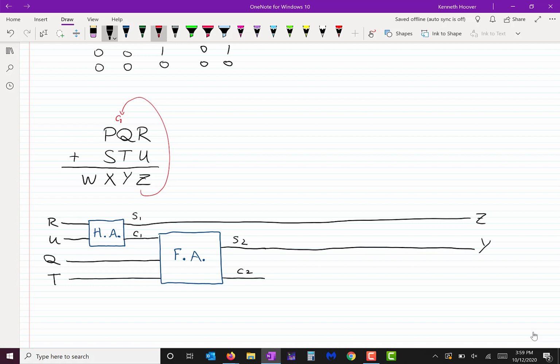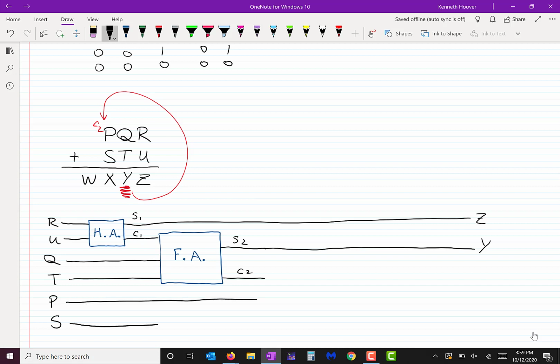It's going to be the digit Y. The carryover from that goes up here, and we add it to P and S. So C2 and P and S all feed into a full adder circuit.